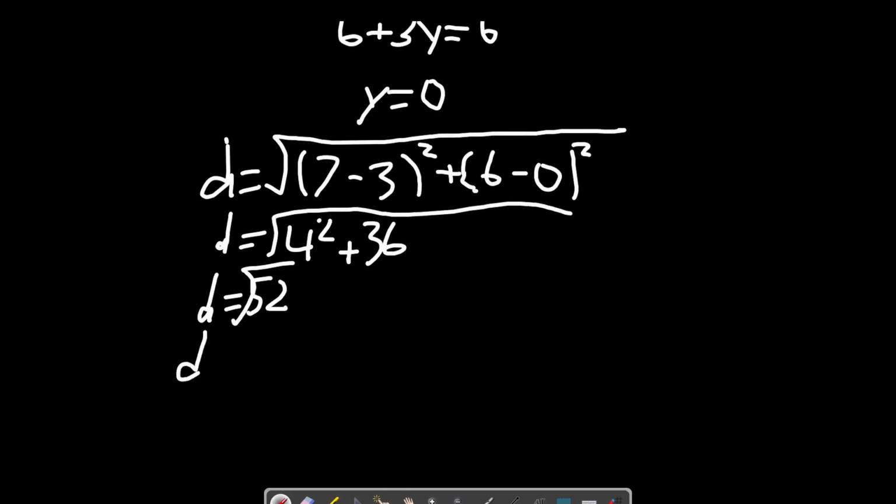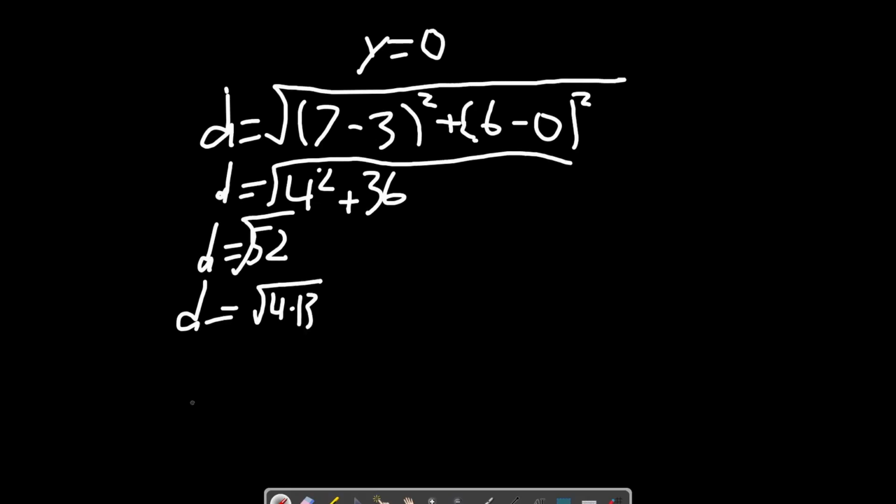And that is also equal to root 4 times 13, which you can say is root 4 times root 13. You can split out the square roots when you're multiplying them inside, but never for adding, so keep that in mind. And that will equal 2 root 13.